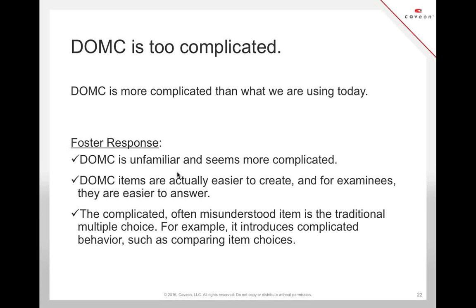This one says, this feels like multiple true false. How is it not? I think they're talking about DoMC. I got that during a poll. They could have been talking about the poll. No, I get it quite a bit. It's really different from multiple true false. Multiple true-false is basically a regular multiple choice where you can answer true or false to the different options, but you still see all the options.